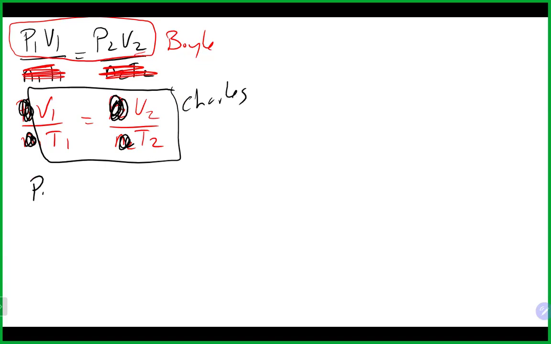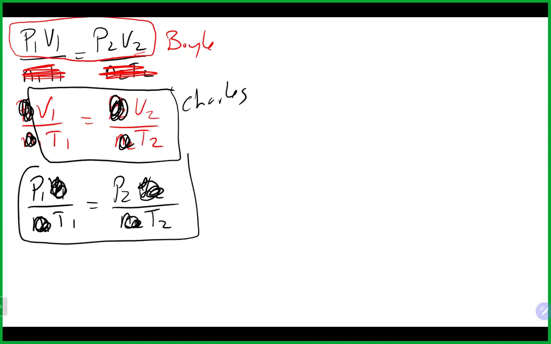If you take this formula and you come across a question where they don't mention anything about moles and they don't mention anything about volume, all you have to do is scratch out the V and N on both sides, and now you are looking at Gay-Lussac's law that we learned earlier.